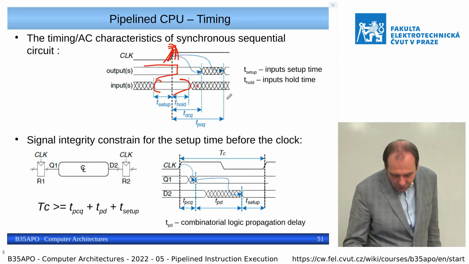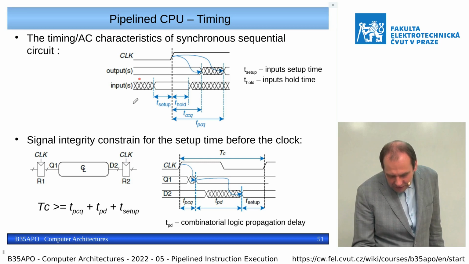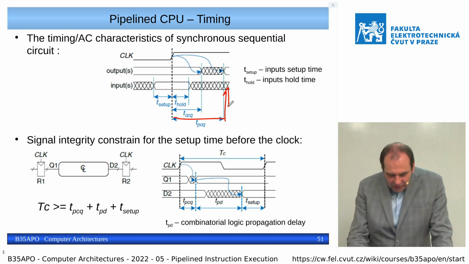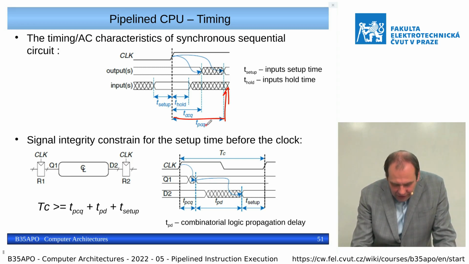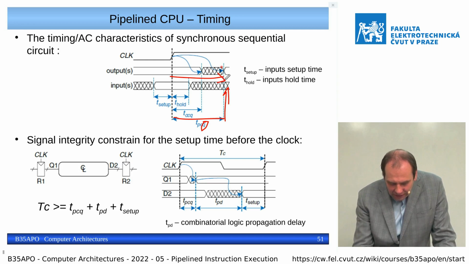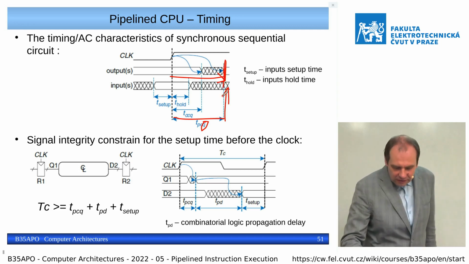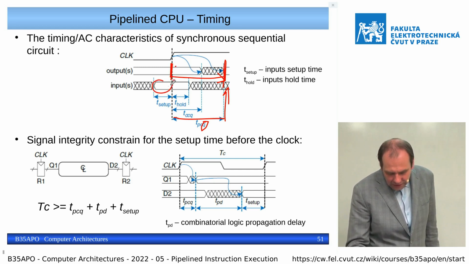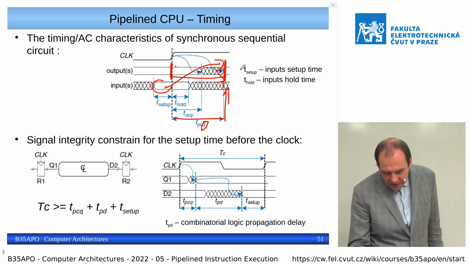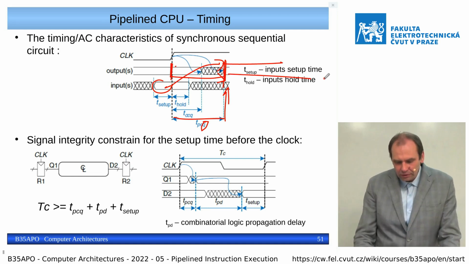And then after some time, this t_CQ, the positive clock edge to Q output, there is a stable result which is the value remembered from the input. So there are the inputs, and after some time we have a stable output for the next clock cycle.